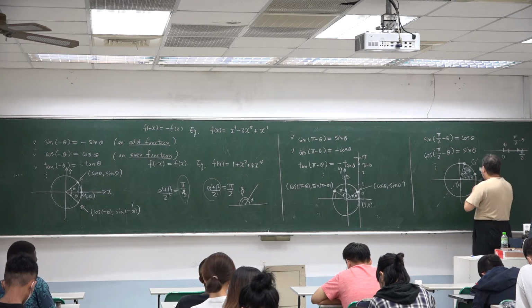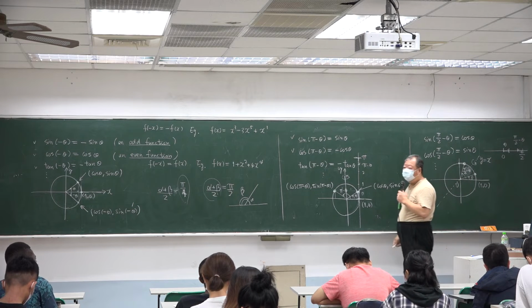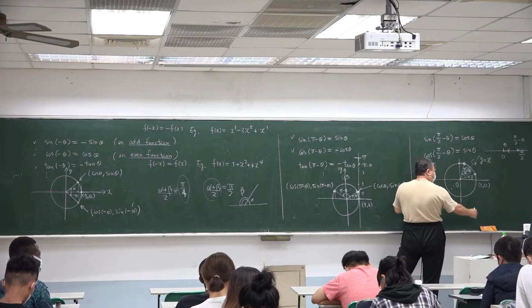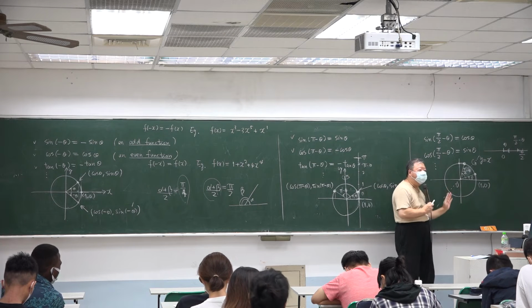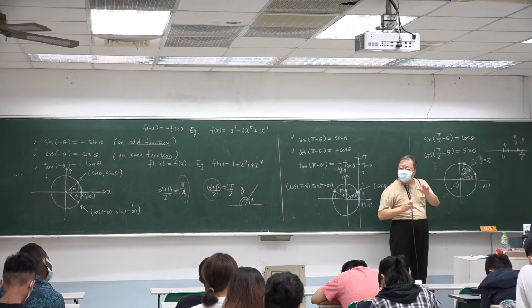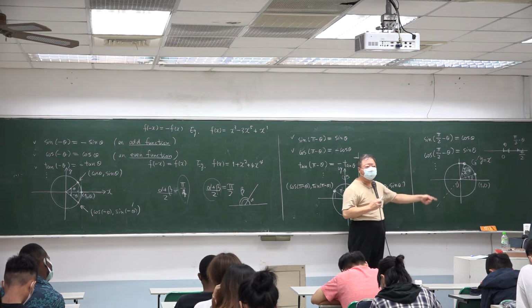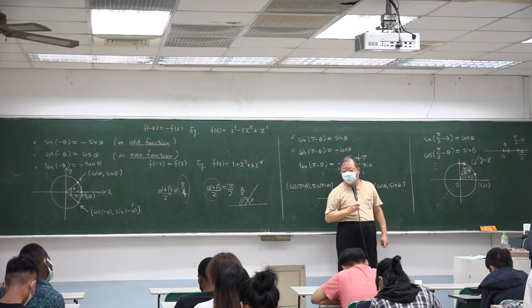The equation of this straight line is y equals x. So the x and y coordinates change, and changing x and y coordinates obtains its symmetric point. Okay?